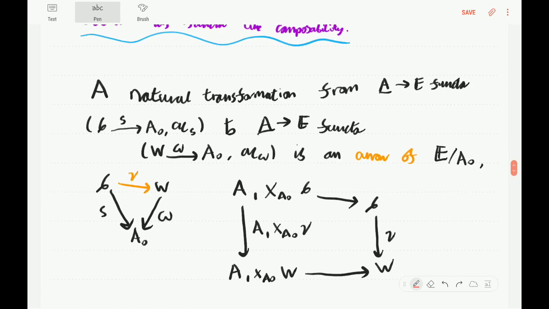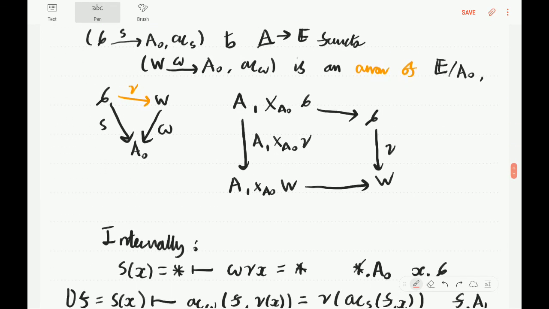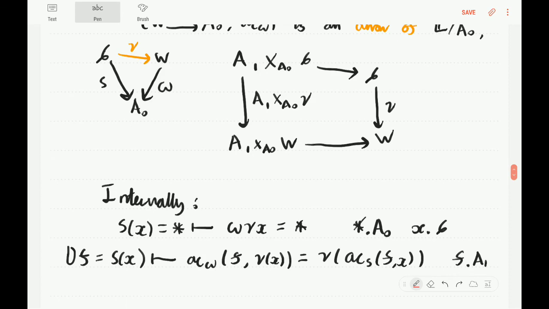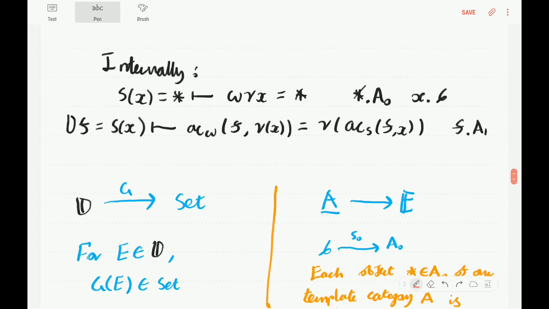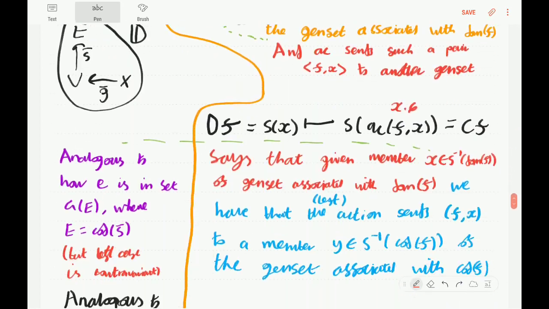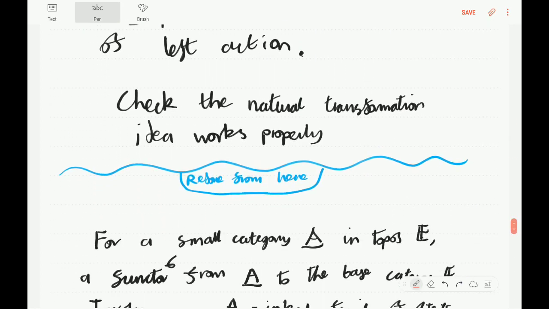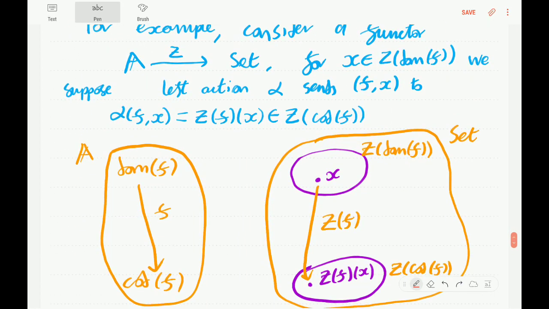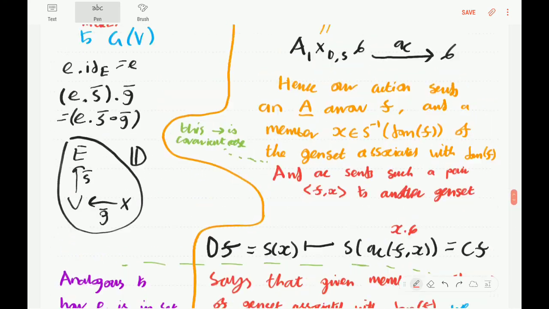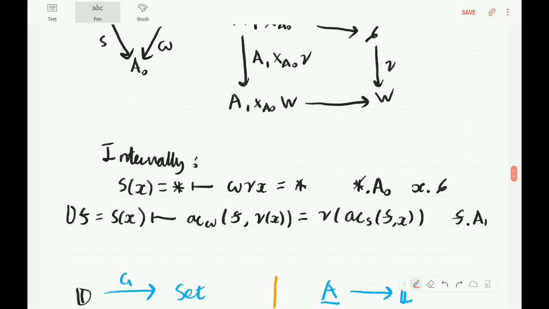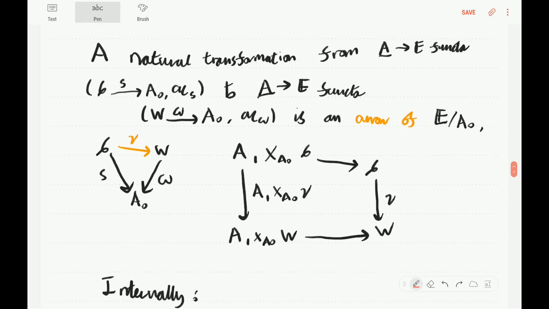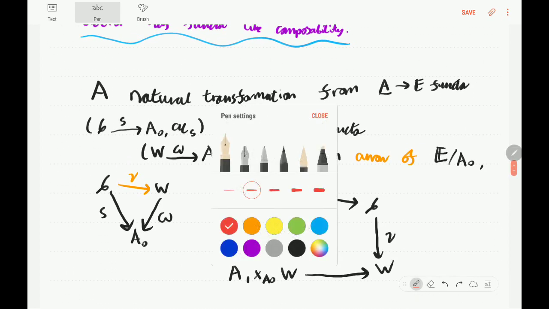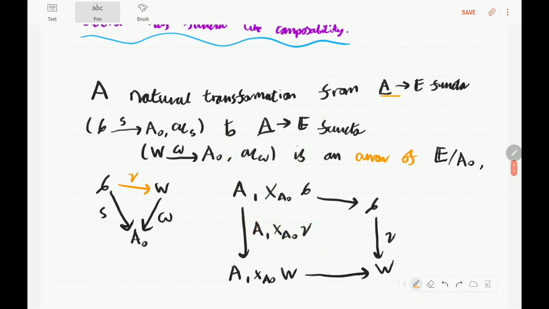So then what's a natural transformation?